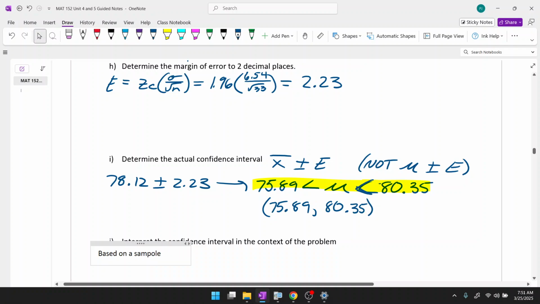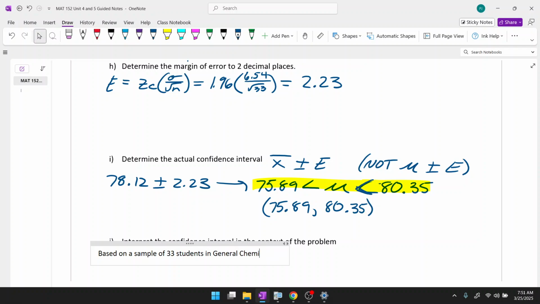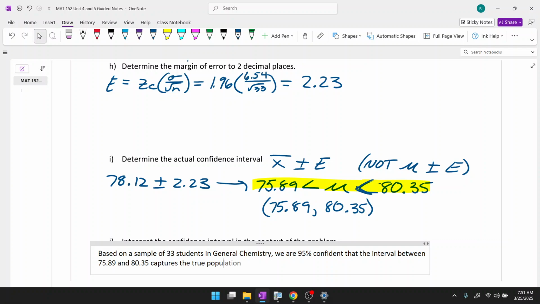Based on a sample of 33 students in general chemistry, we are 95% confident that the interval between 75.89 and 80.35 captures the true population mean grade in general chemistry at the University of Texas. So not a bad deal here.